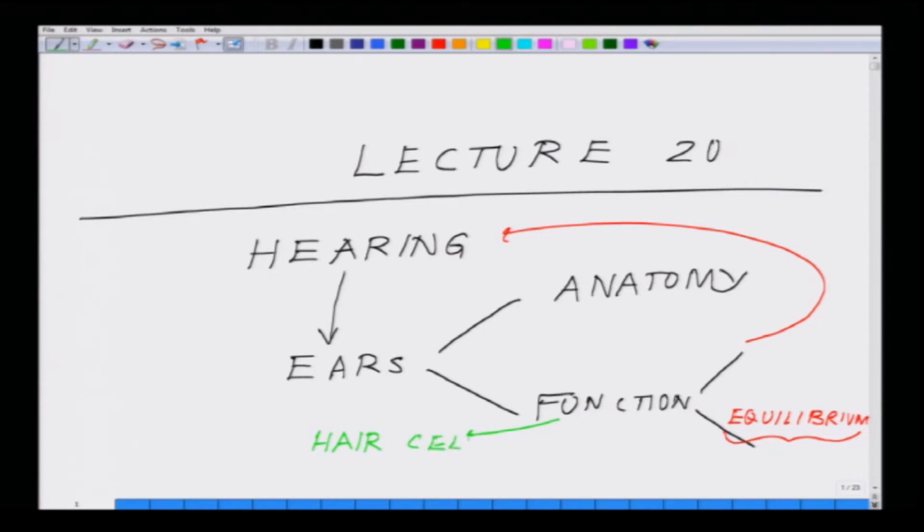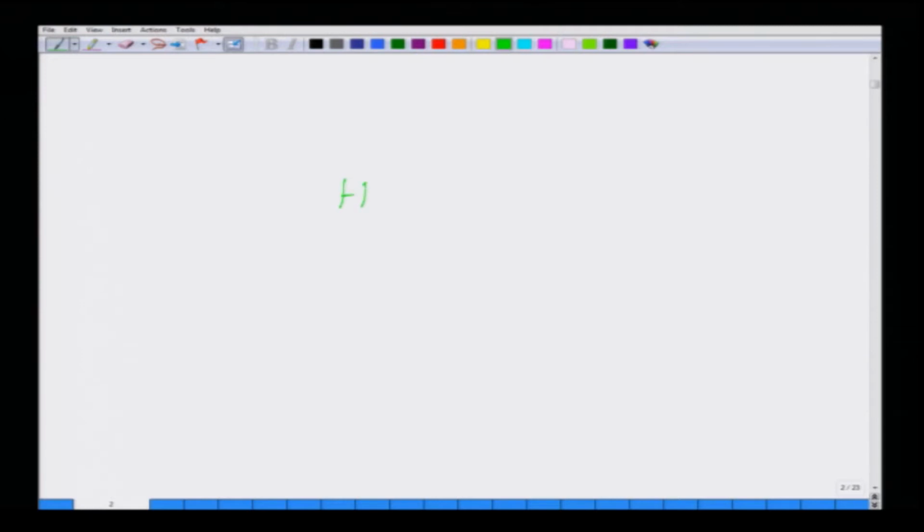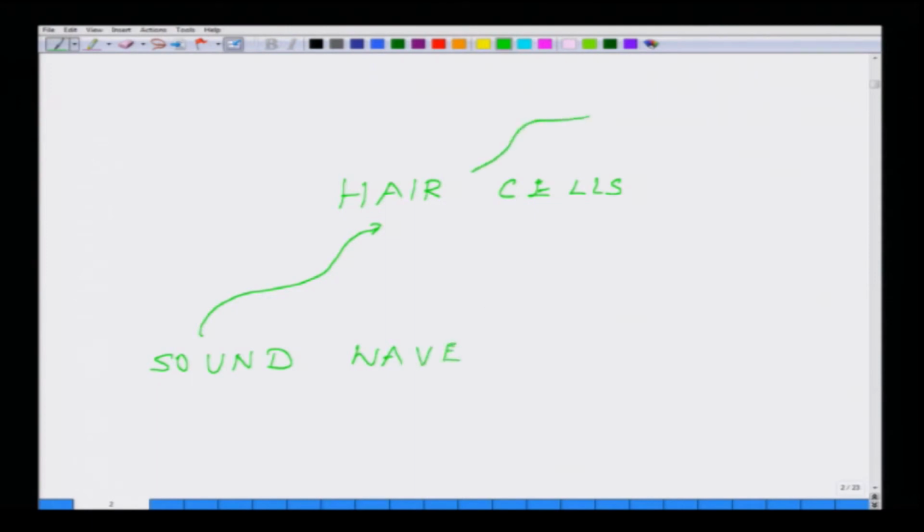These are the cells which code the sound wave into electrical signals or electrical impulses.